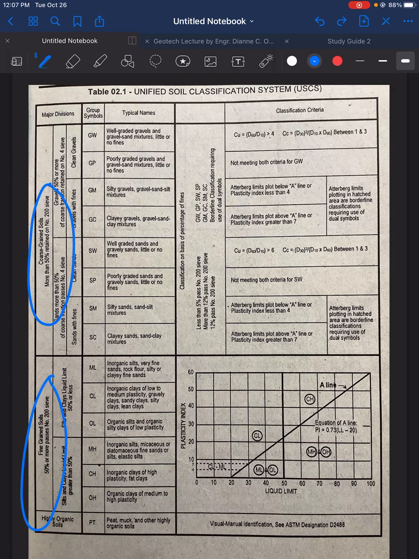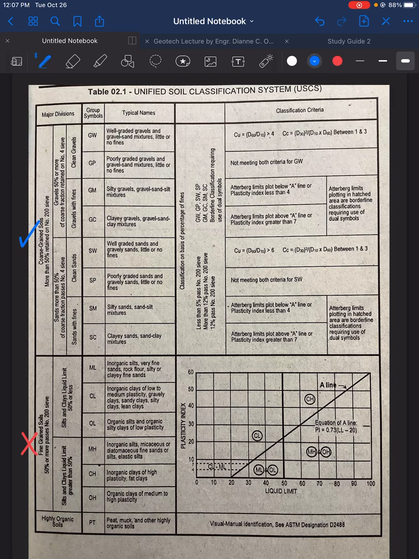Okay? So we will choose the upper portion, the coarse-grained soil, not the fine-grained soil. So let's put a check mark here and then an X mark here at the lower portion.